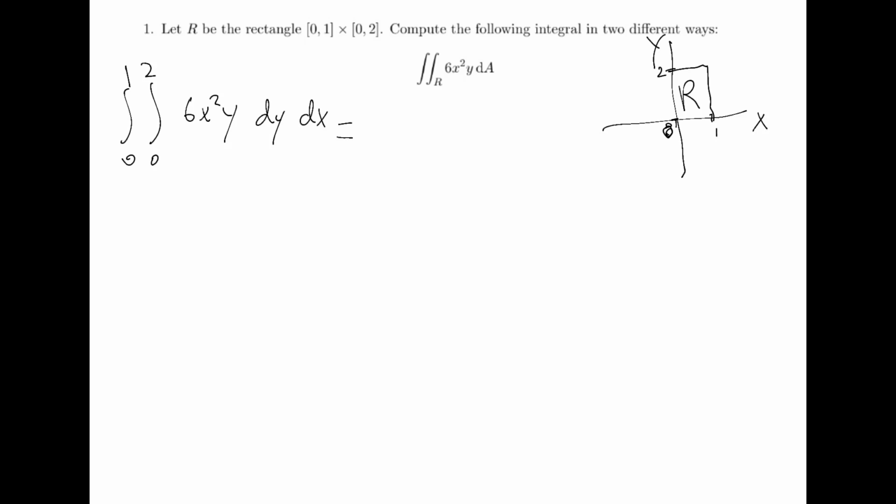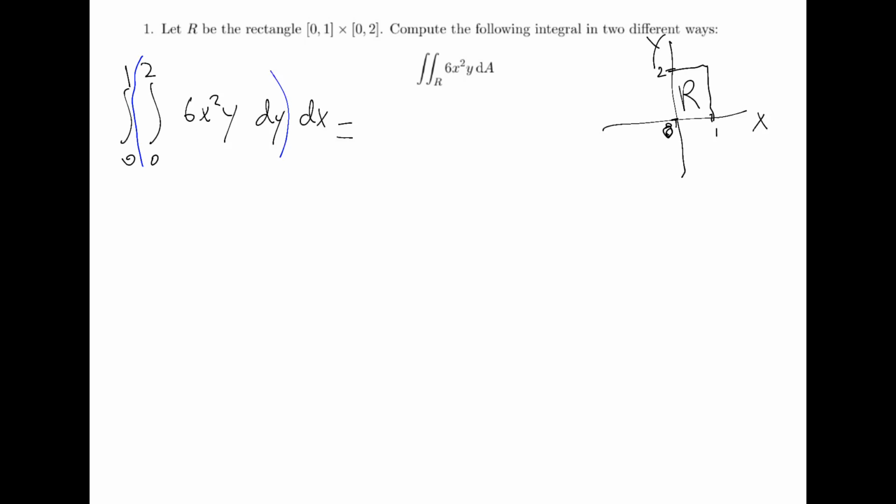Okay, so how we do this is I will draw brackets. Usually you do them imaginary, because first we have to do the inner integral. So this is the inner integral, and there we integrate with respect to y. So we have to integrate 6x squared y with respect to y, and remember x is treated as a constant.